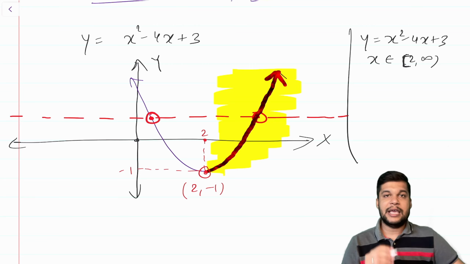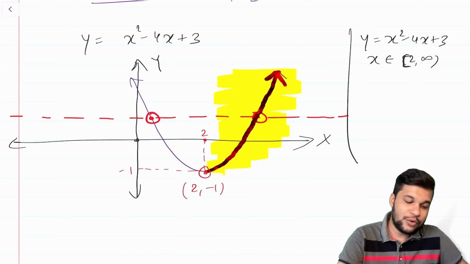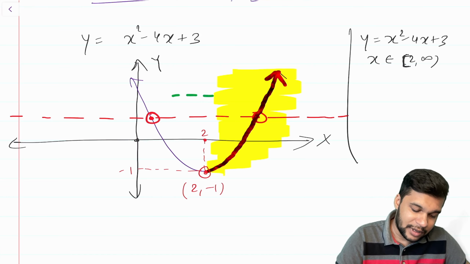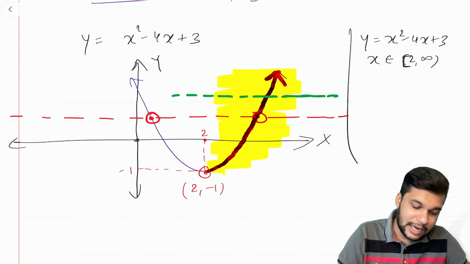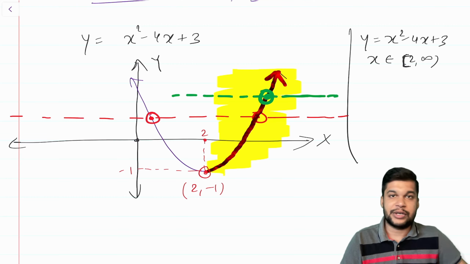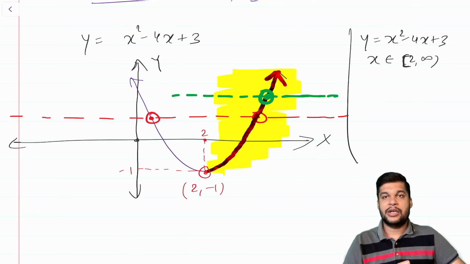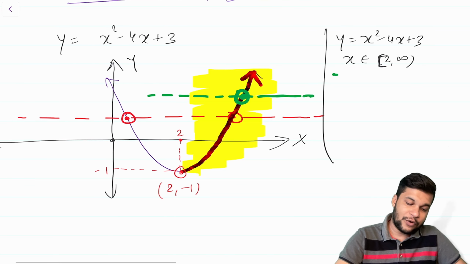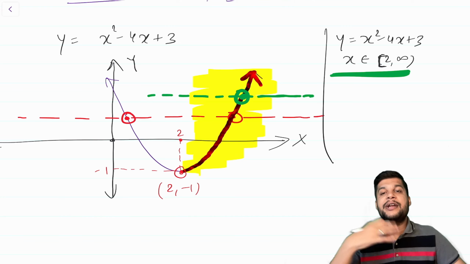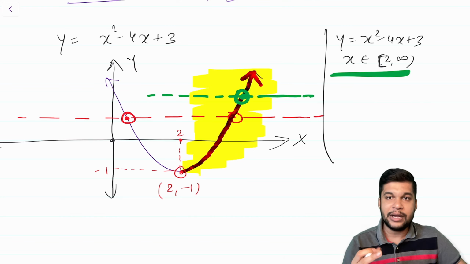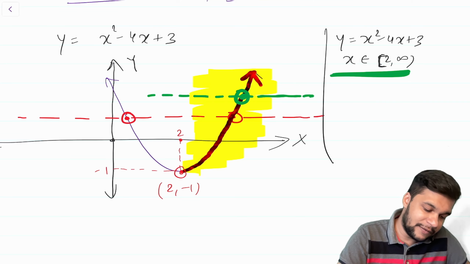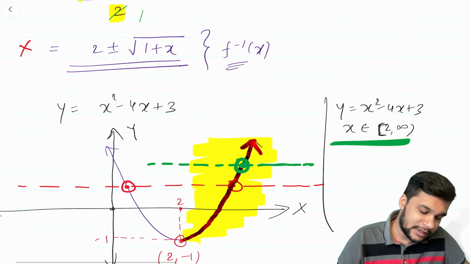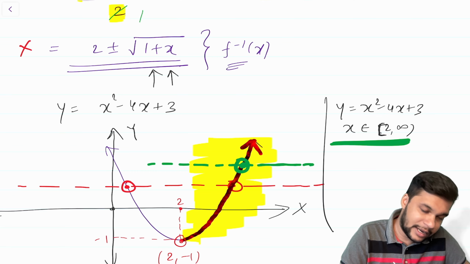So only in the yellow part, if you draw a horizontal line anywhere, it only has one point of intersection. So for this case, where I have restricted the domain, the inverse exists. And what will be the inverse? You can take a hint from here.